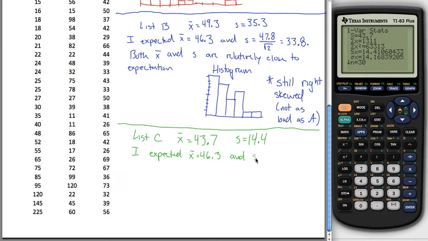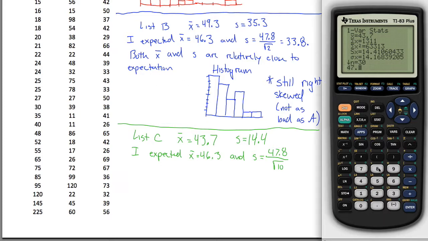And I expected the standard deviation to be not the standard deviation from A, but that standard deviation divided by the square root of 10, because these are averages of 10 of these observations. So what I expected was 47.8 divided by the square root of 10, which is 15.1.